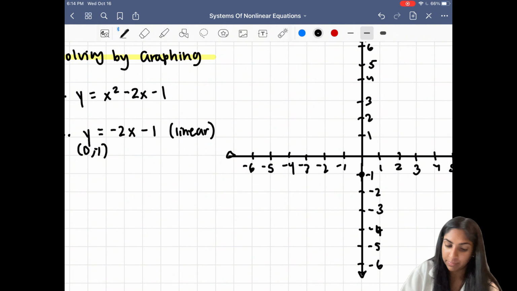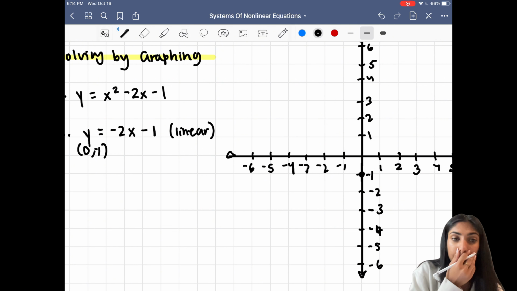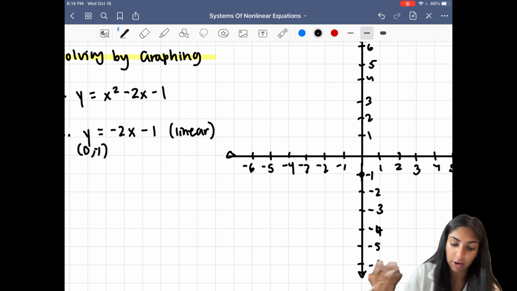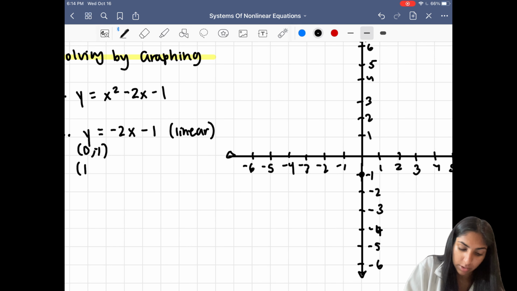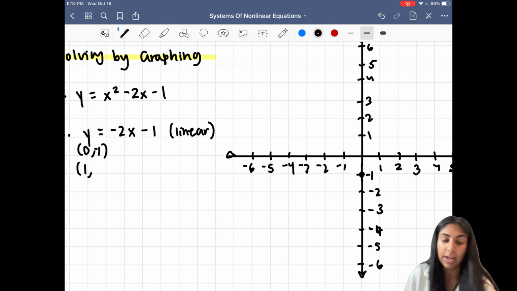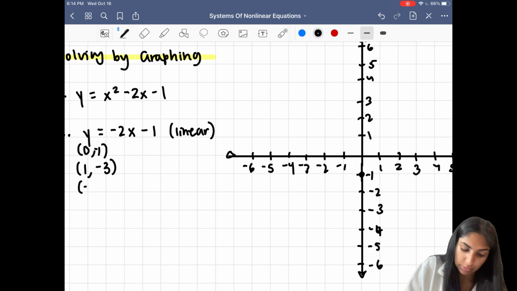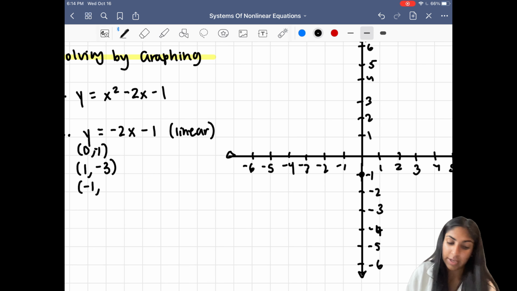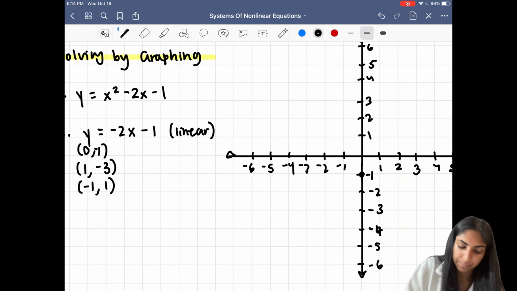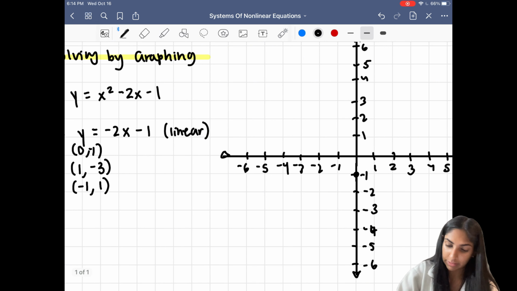And now we can just plug in some values for x and figure out what the y is. So when x equals 1, y is going to be equal to negative 3. And when x equals negative 1, y is going to be equal to 1. So now those are some points we can plot on our graph. So we have 1, negative 3, and negative 1, 1.